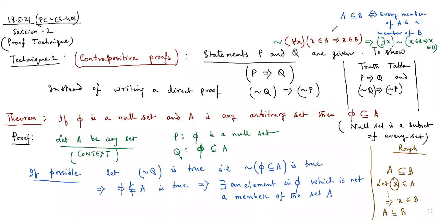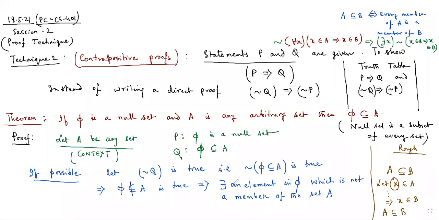I'm just trying to remind you about the discussion of my last class with the current discussion. That's why I'm writing that there exists an element in phi which is not a member of the set A. You can ask whether you can apply these symbols over here. The answer is yes, you can write things in symbols. But since you are novices in these things, I'm trying to use fewer symbols, otherwise you will not be able to follow.